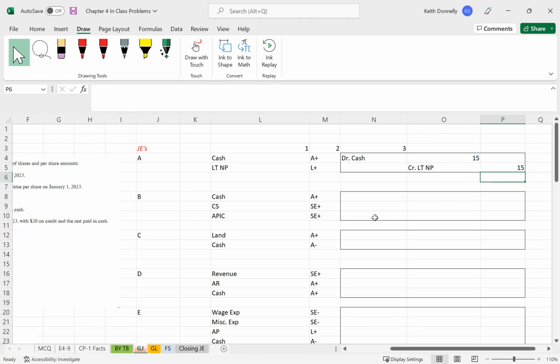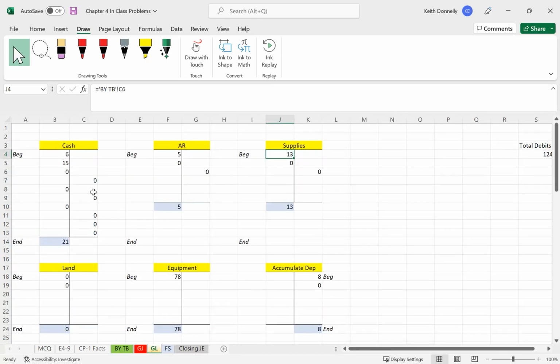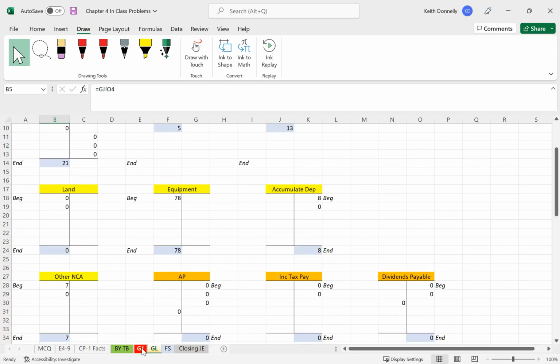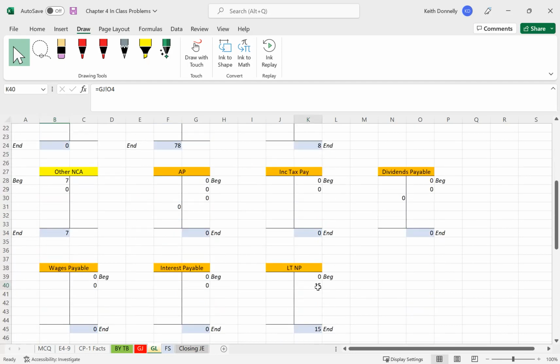Now, one of the things that happens here, how I teed this up, is what it would be like in practice: it's automated. In other words, we debited cash there for 15, right? You can see it carried over. What was the other account here? Long-term note payable, right there, 15.